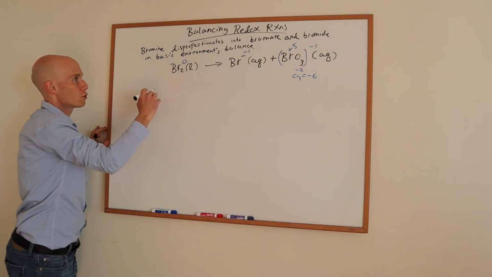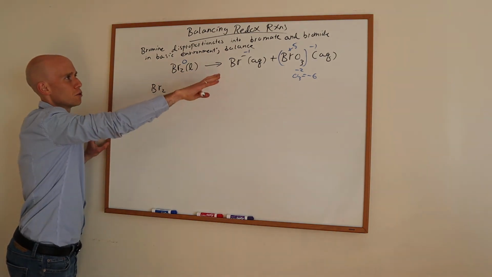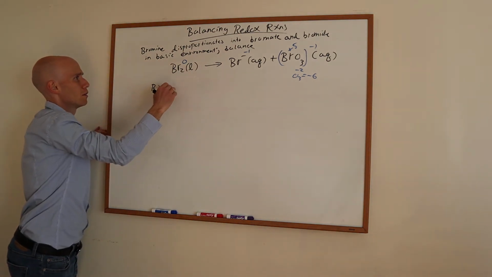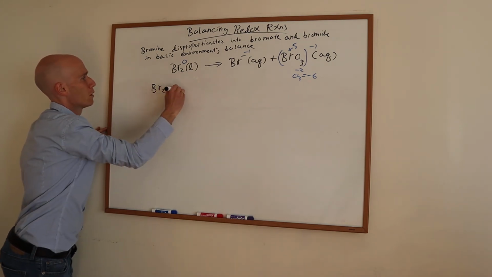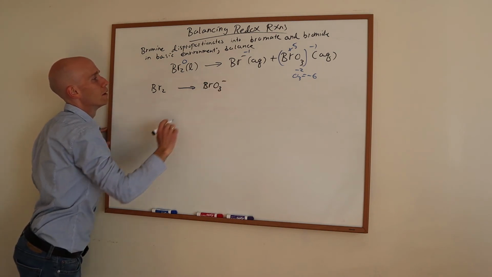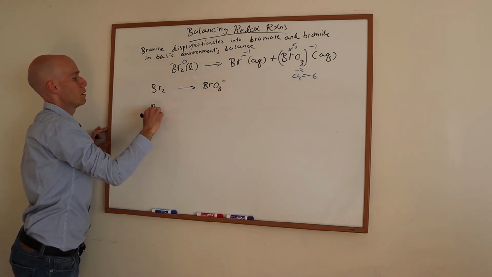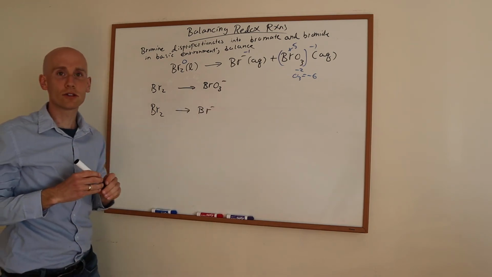So to look at this, I have bromine. I'm going to drop the states just for brevity here. Bromine will go into bromate, and also bromine will go into bromide. Okay, so I have these two half reactions.